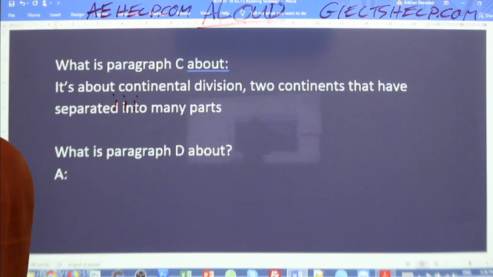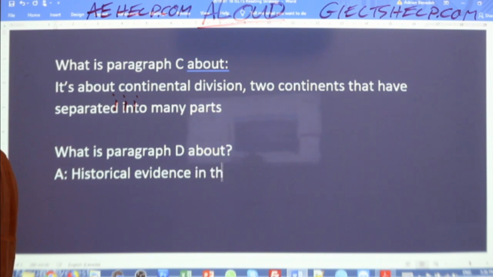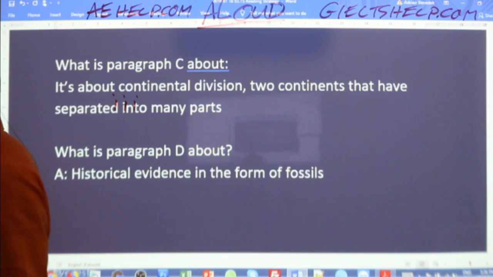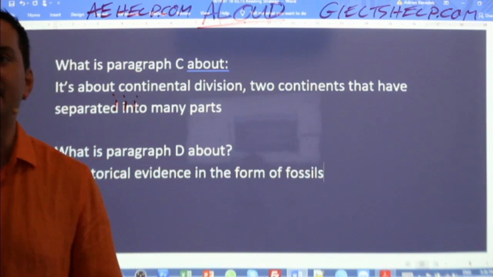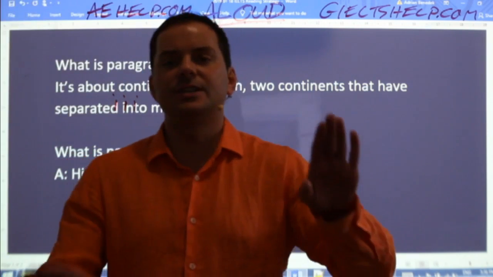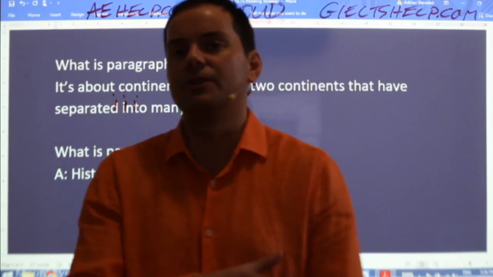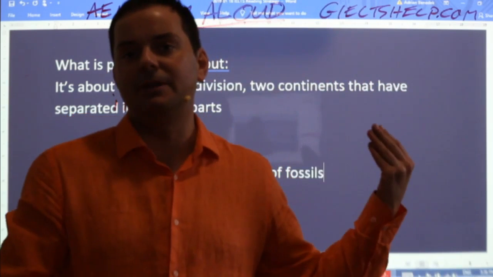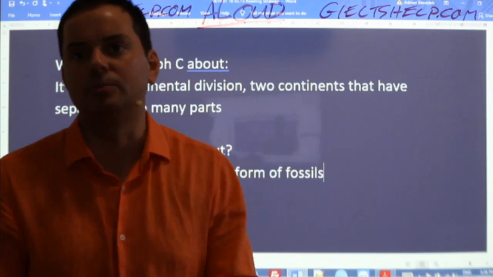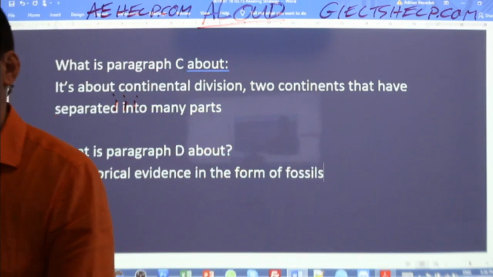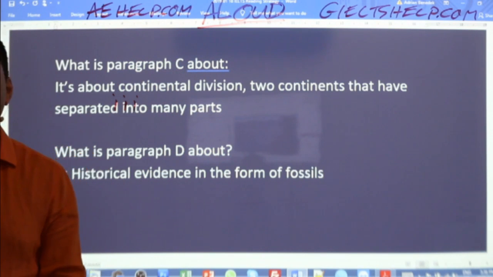I agree. In the form of fossils. Yeah, that's right. Adjacent is side by side. So if there's a person standing beside me, they are adjacent to me. Okay? So side by side.